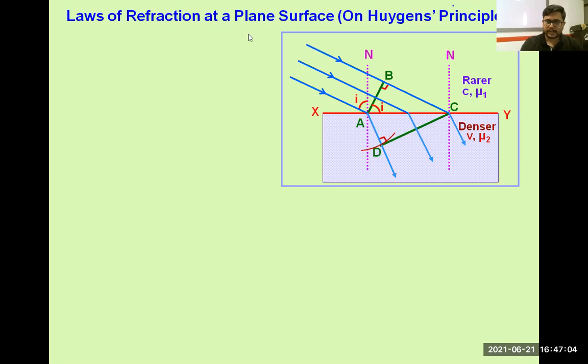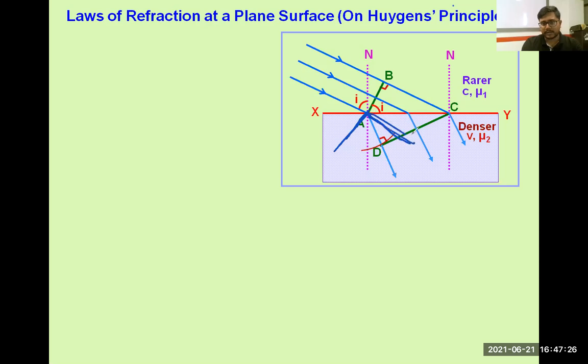So let me tell you how it comes. You see this triangle. Let us first extend this ray of light. Suppose this is the normal at this point, and this is the normal at this point.